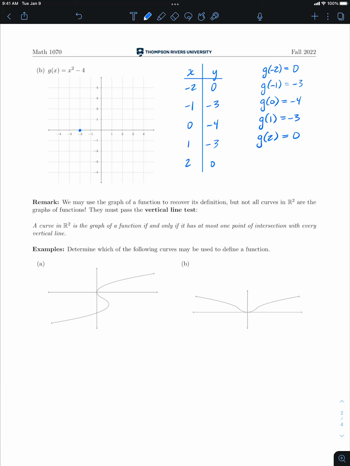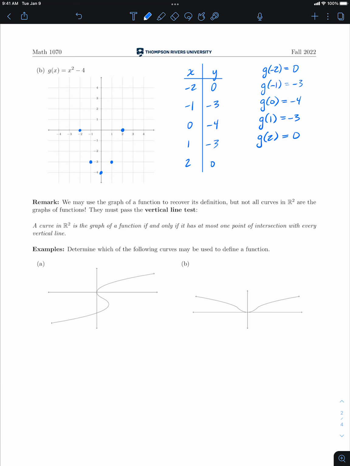The point -1, -3, that's this point here, and the point 0, -4. Remember, the first number is always your x-coordinate, and then the second number is your y-coordinate. So the next one will be 1, -3, and then 2, 0.